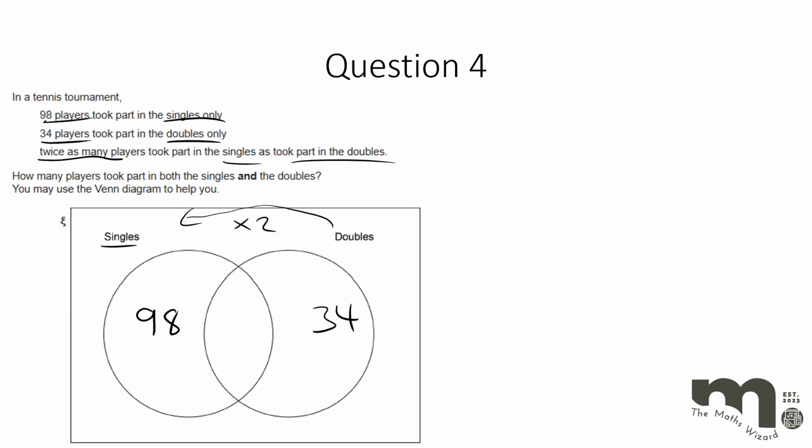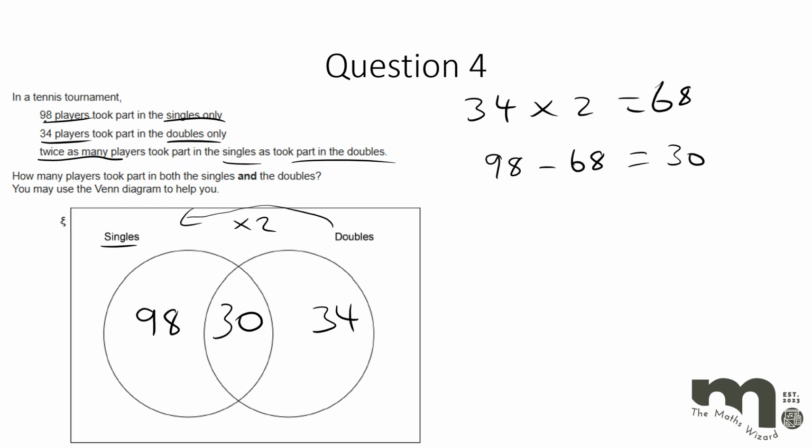Okay, so what I'm going to do to start with is just do 34 times 2, because we know it's going to be double for the singles. Well, that's 68. Now, we've already got 98 people already accounted for there. So if we do 98 take away 68, that gives us 30. So that'll tell us there's 30 people in the middle who play singles and doubles.